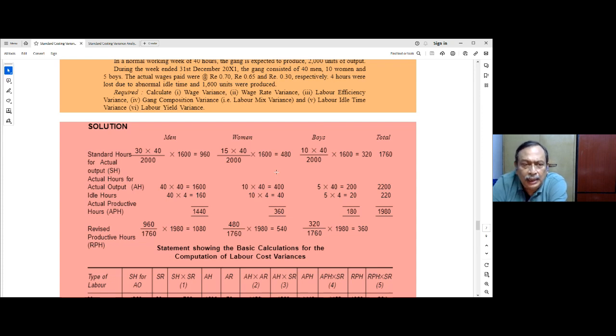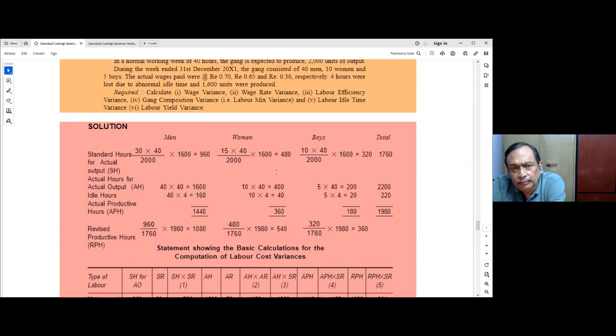Now there are idle hours, and 4 hours are lost due to idle time. Hence, idle time for men is 40 into 4, that is 160. For women 10 into 4, that is 40. Boys 5 into 4 is equal to 20. And total idle hours is 220.